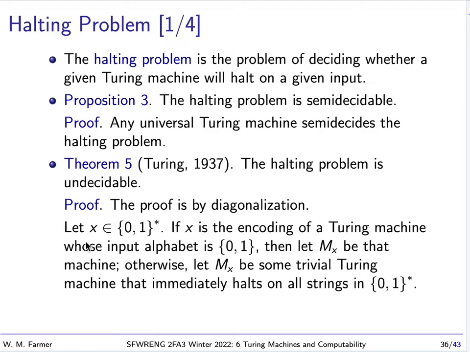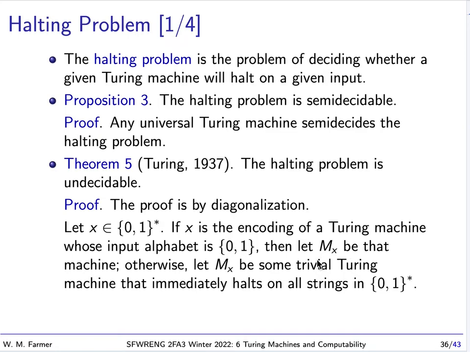Okay, so let X be a string of zeros and ones, and if X is an encoding of a Turing machine whose input is zeros and ones, then let M_X be that machine. So we're going to restrict our attention to Turing machines whose input alphabet is 0 and 1.